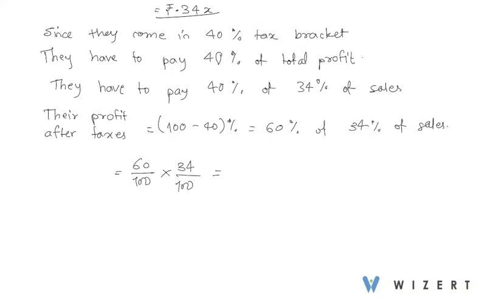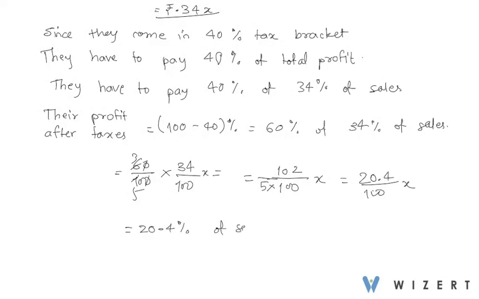by 100 x, so that is equal to, 0 0 cancelled out, 3 4s are 12, 3 3s are 9 plus 1 is 10, 102 by 100 x by 5 divided by 5, so that is equal to 5 2s are 10, 5 zeros are 5 4s are by 100 x, which is nothing but 20.4% of sales.